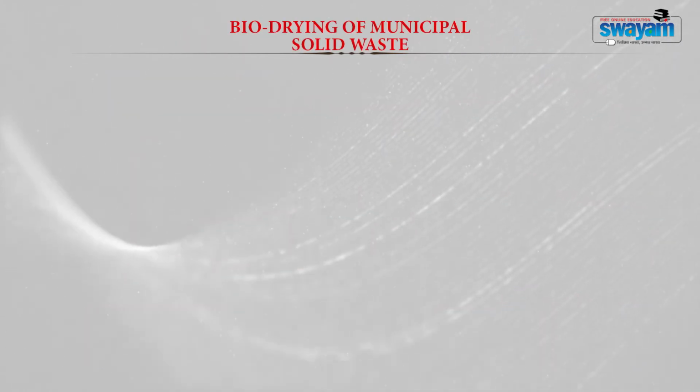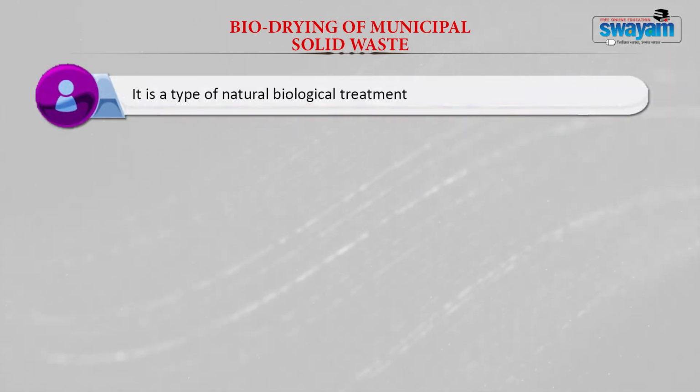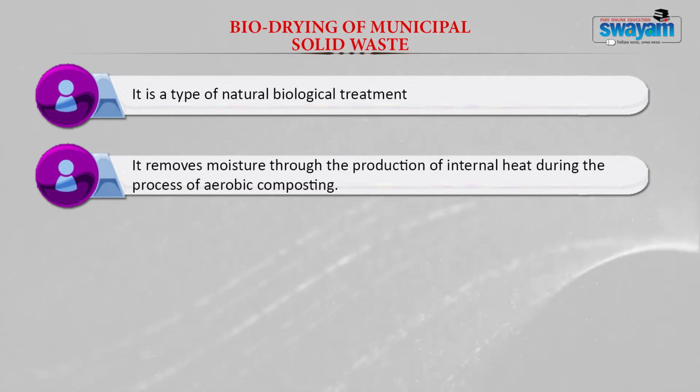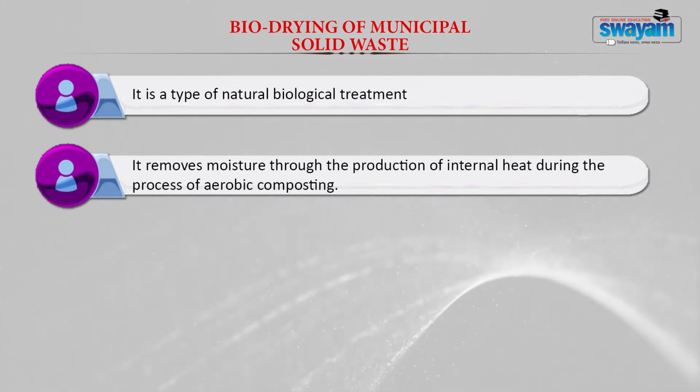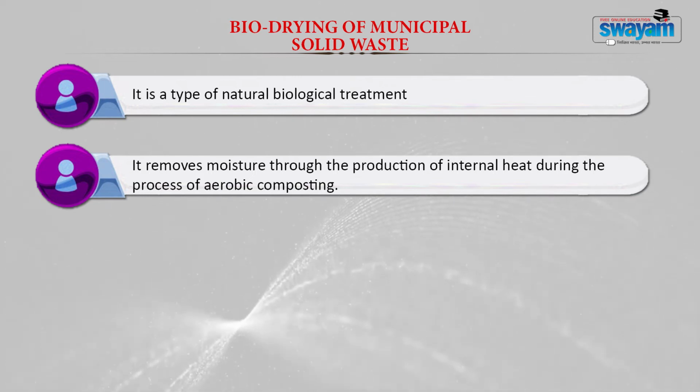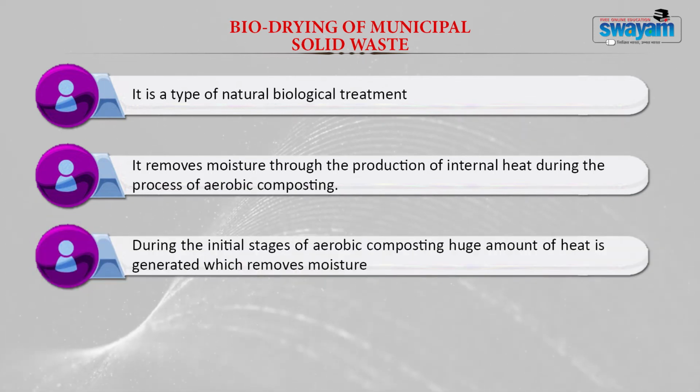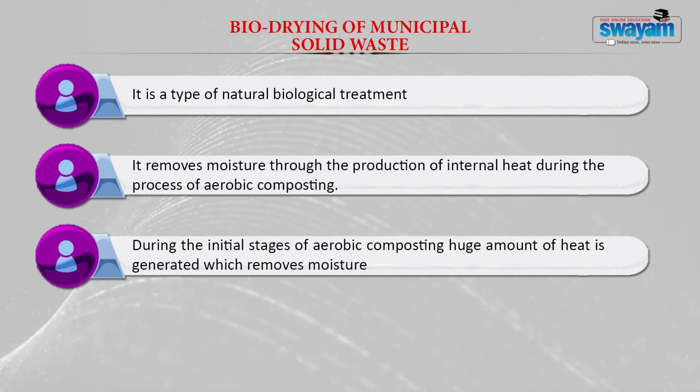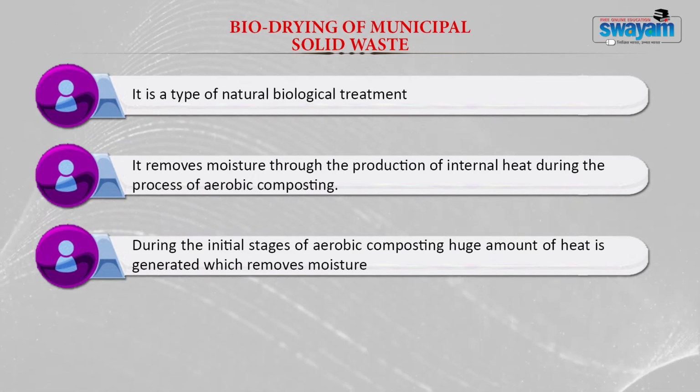First is bio drying. Bio drying of municipal solid waste is a natural biological treatment. Here the moisture is removed through the internal heat that is generally generated during aerobic composting. You know in the aerobic process, the degradation is much faster and a huge amount of heat is generated.